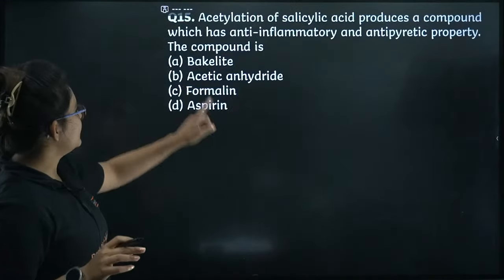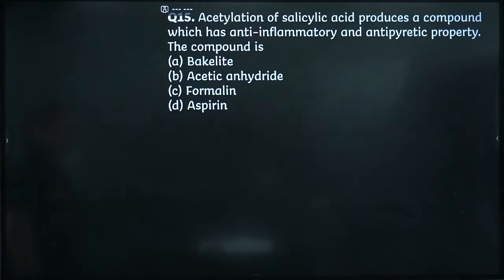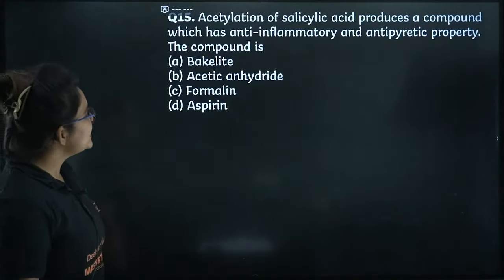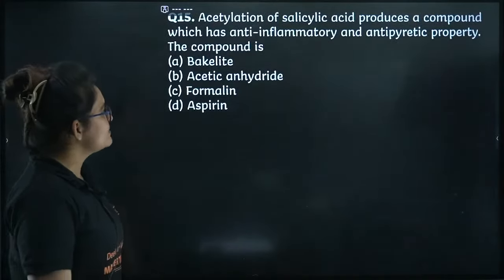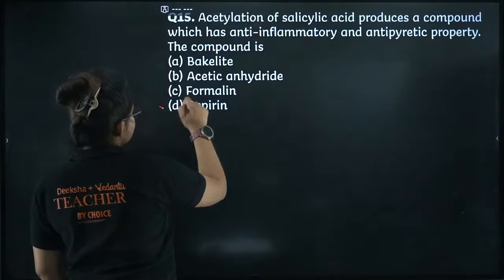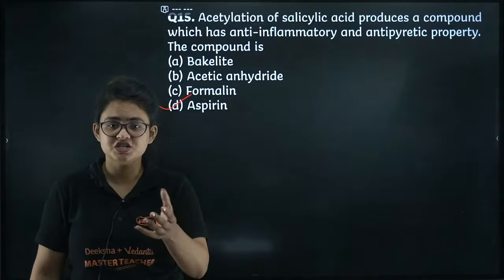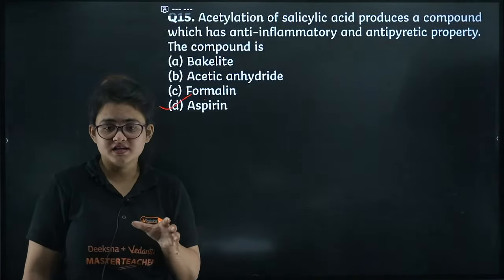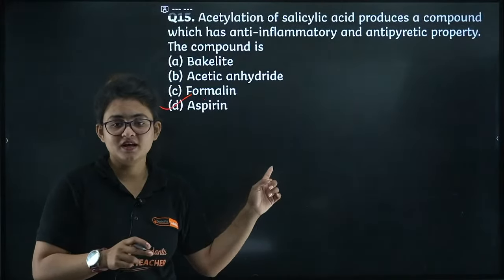Let's proceed. Here you can see acetylation of salicylic acid produces a compound which has anti-inflammatory and antipyretic property. So yeah, that's going to be aspirin. So aspirin is basically something that you get out of the acetylation of salicylic acid. There is a brilliant story behind the discovery of aspirin.